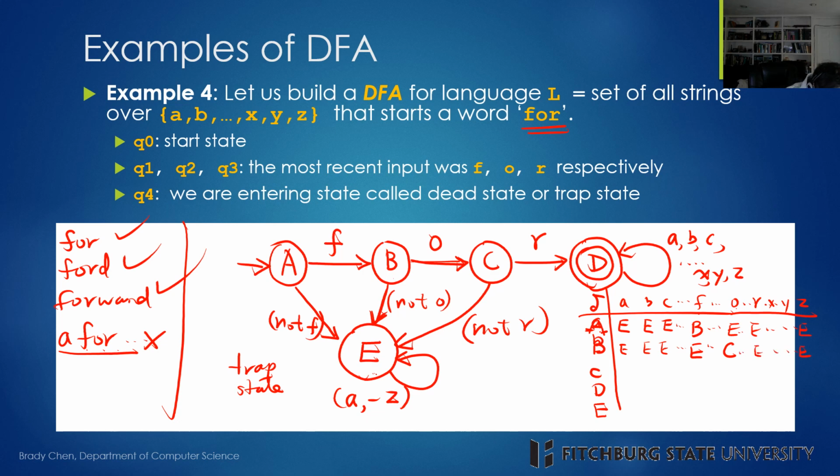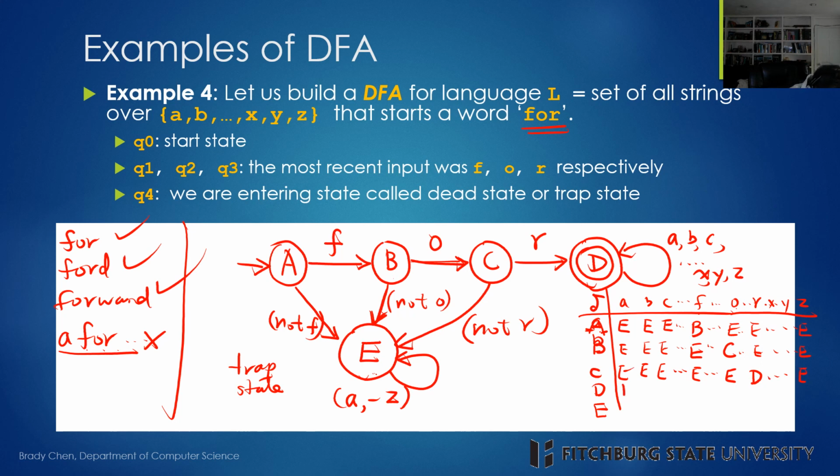Now, if we are in the state C, then the only acceptable characters are the ones where we reach the final state D. Otherwise, we're going to end up at the trap state E, right?